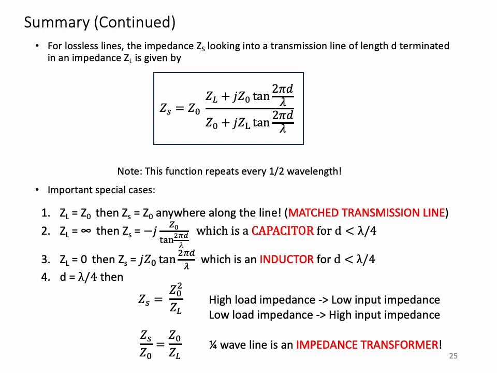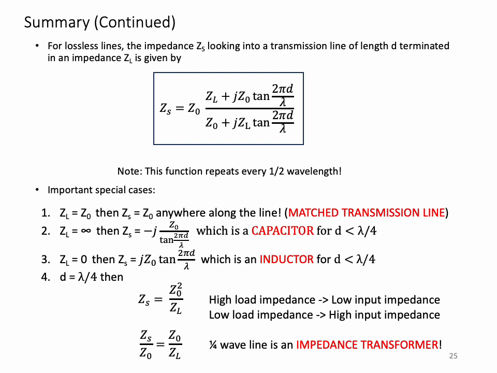We looked at 4 special cases, one where the transmission line is terminated in its characteristic impedance Z0. In this case, we showed that ZS, the impedance looking into the line, is equal to Z0 no matter where you are along the line. This is the case of what's called a matched transmission line. In the case where the line is left open on one end and the length is less than a quarter wavelength, the line acts as if it was a capacitor.